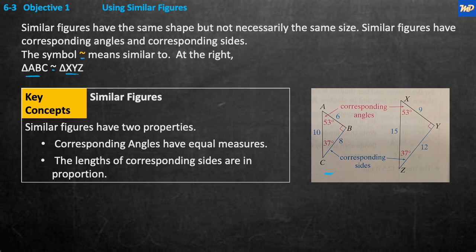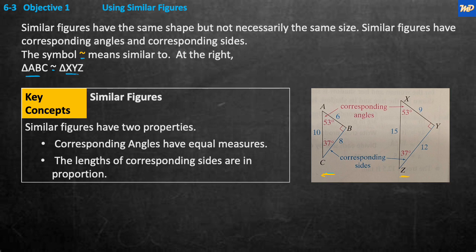Here's ABC, and over here there's X, Y, and Z. As you can see, they're similar. The shapes are the same, basically. The ratio of 6 to 8 for this size over here is the same as 9 to 12. They're both 3/4. So that's the similarities. They're different sizes, but they're similar.